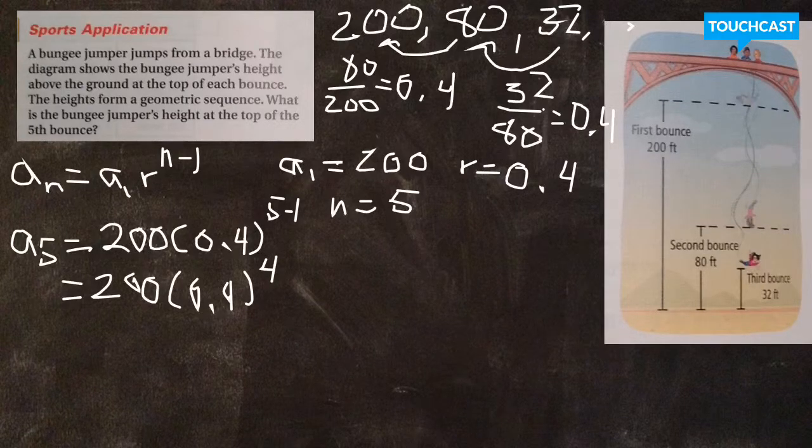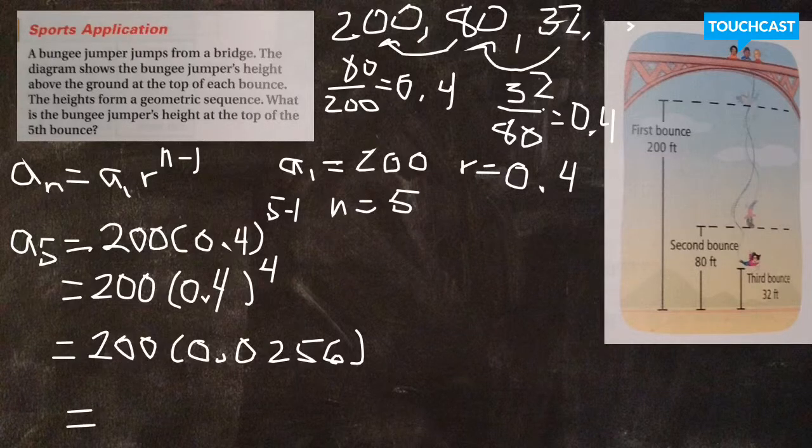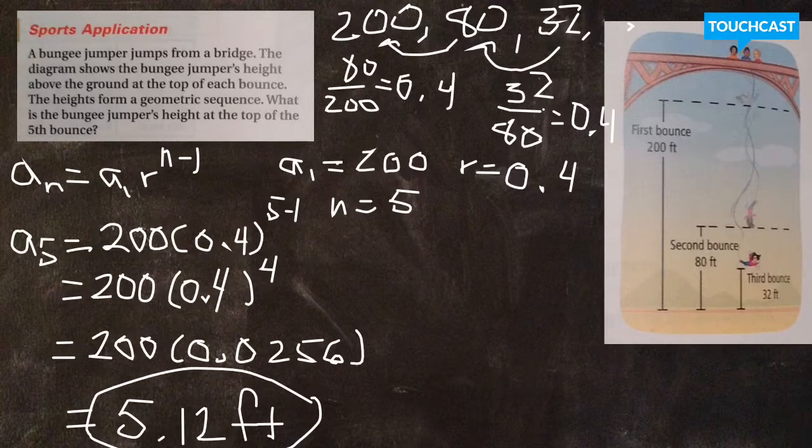Now we're going to check out what 0.4 to the fourth power is. 0.4 to the fourth power gives us 0.0256, and now we can multiply that with 200 to find out the height of our fifth bounce. If we multiply that by 200, we'll get 5.12, and we have to label that feet. So after the fifth bounce, our bungee jumper's height will be 5.12 feet.